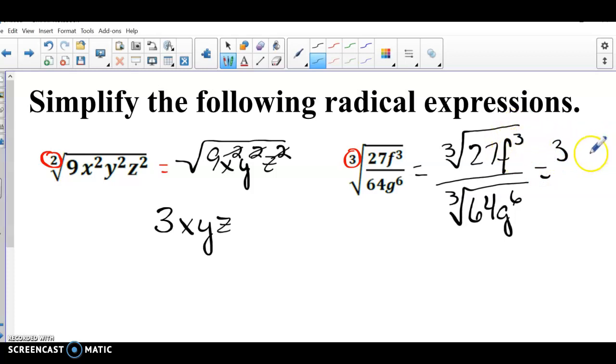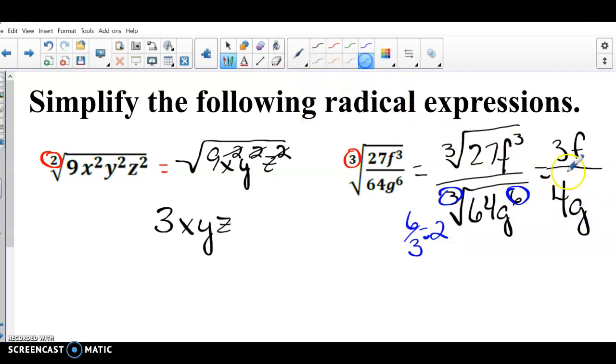Index matches the exponent, so the f comes out. 3 divided by 3 is 1. On the bottom, 64 is a perfect cube, it's 4, so that comes out. Now watch this one. Exponent divided by index, 6 divided by 3 gives us 2. So when I bring out the g, it's not only going to be a g, it's going to be a g squared.